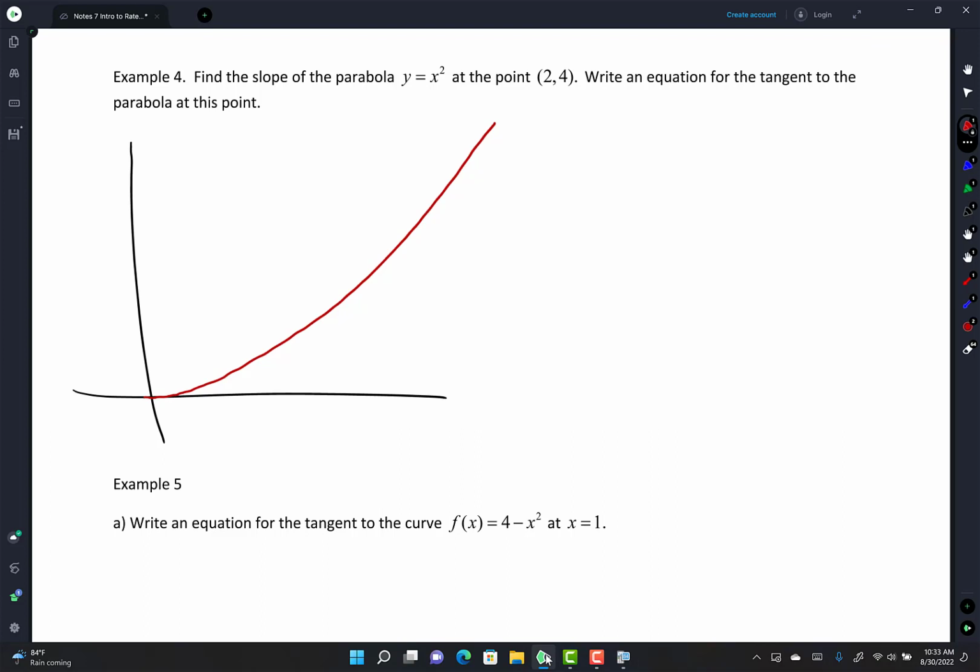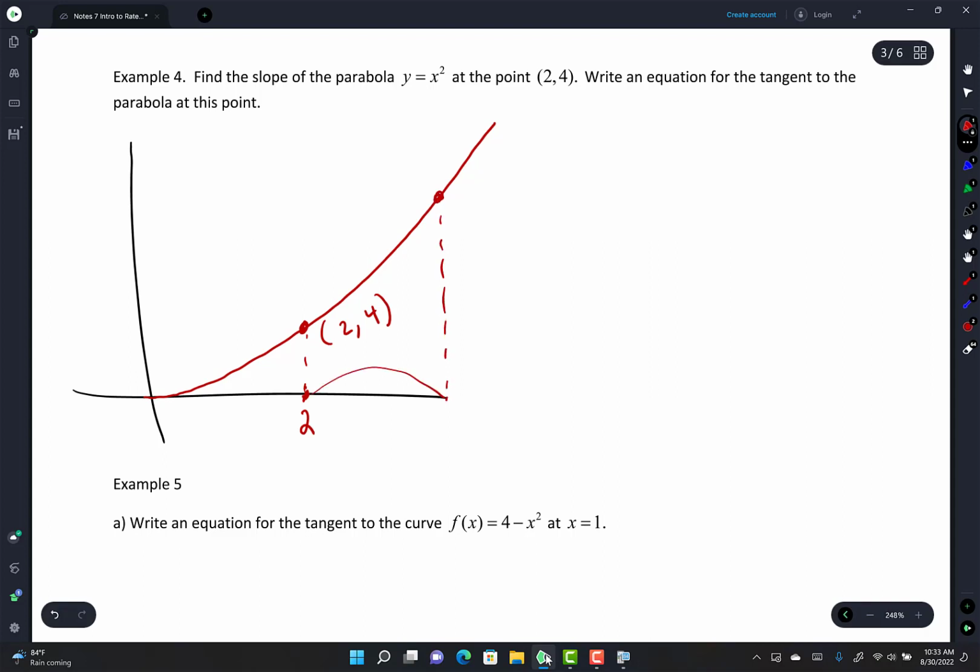Are we still okay? All right. At this coordinate, guys, focus, I'm going to say that is x coordinate 2, and because this is x squared, 2 squared is 4. Yes or no?